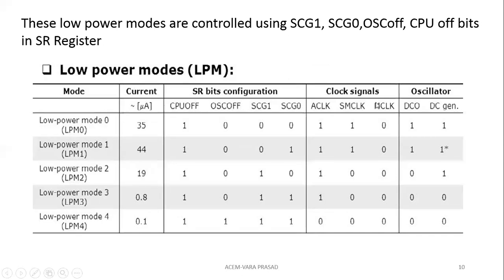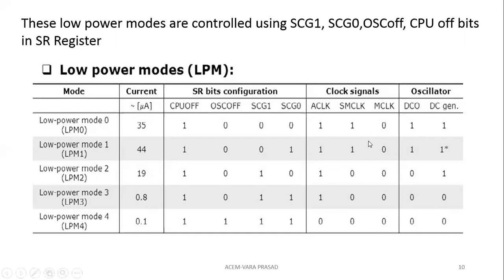Based on which is active and which is not active, that means A clock, SM clock, M clock, DCO. Already we have studied the digital controlled oscillator and the DC generator. If 1, it means active; if 0, it means not active.